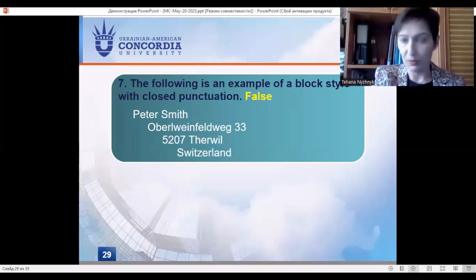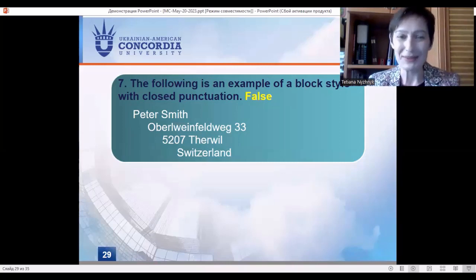Now, it's obviously not a block, because a block is a rectangle. Well, I've never seen this type of presenting addresses in modern letters and old-fashioned letters. Now, in Ukrainian business and academic writing, we tend to use indented format.